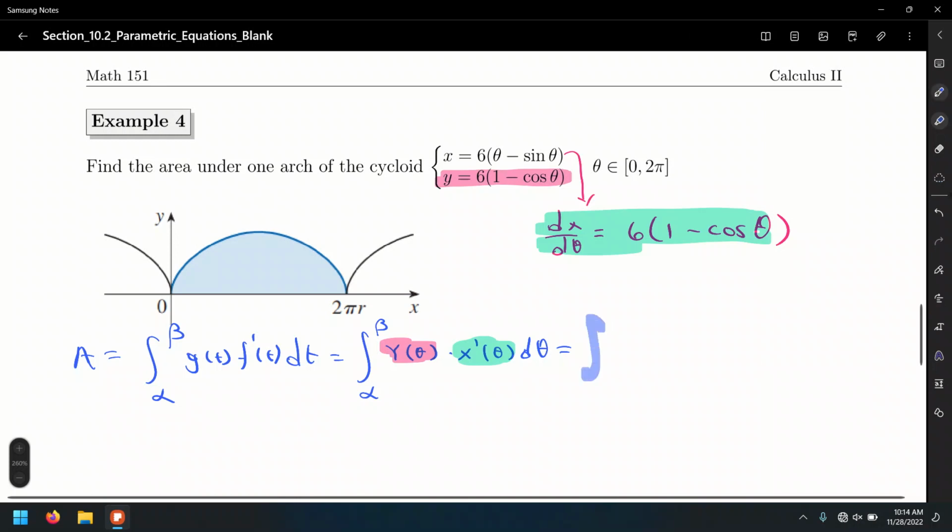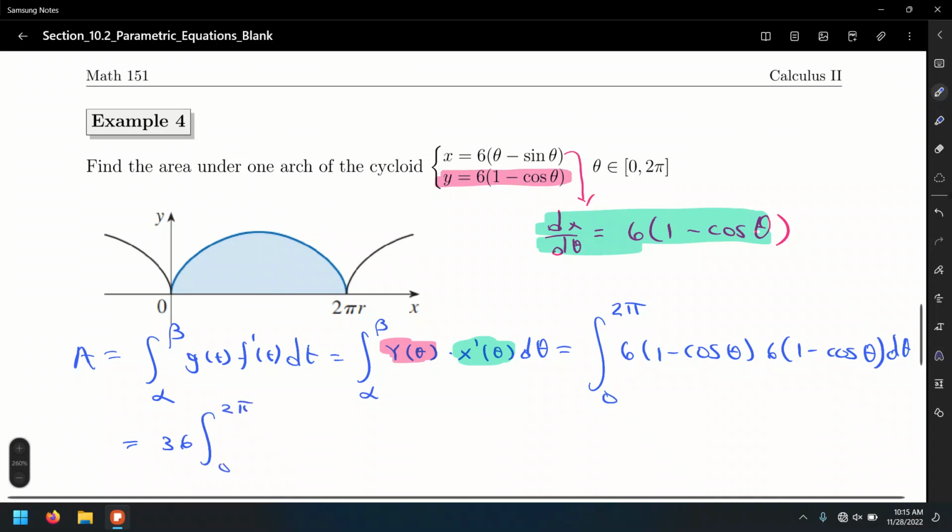All right. Let's go ahead and compute this one. So that's the integral from 0 to 2 pi of the quantity 6 times 1 minus cosine, times itself, 6 times 1 minus cosine, d theta. Notice we have a quantity multiplying with itself, so how about we multiply 6 times 6, have that outside of the integral, that's a 36, times the integral from 0 to 2 pi of 1 minus cosine theta quantity squared.